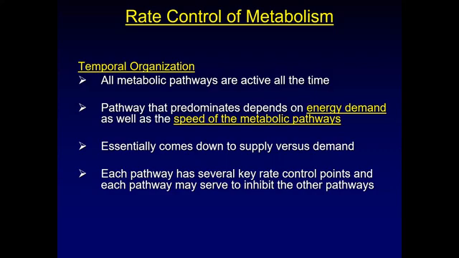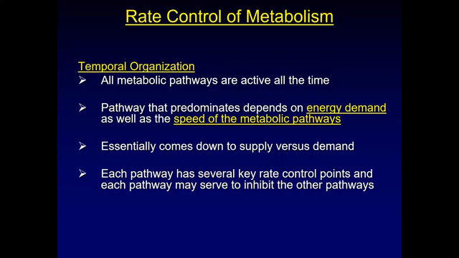So, temporal organization. All pathways are on all the time. It's not exclusive in every instance, but in the vast majority, that's going to be true. So the pathway that predominates depends upon two things. What is demand? We drew over here. How much energy do I need? And how fast is a given metabolic pathway?